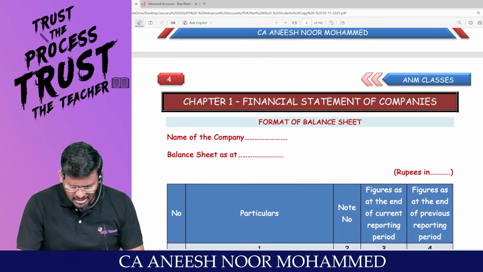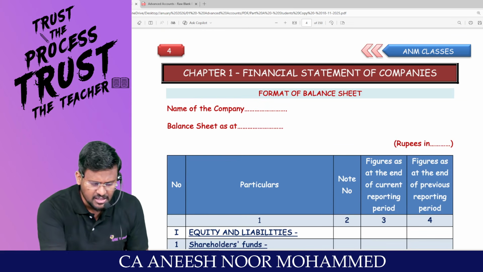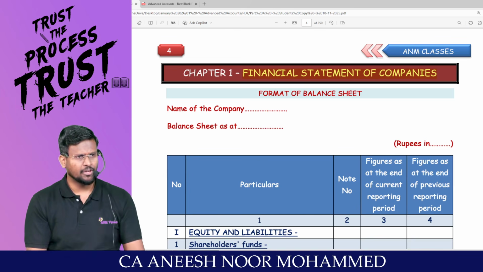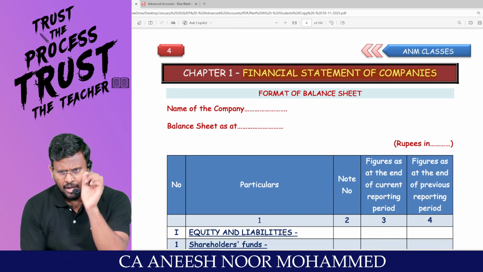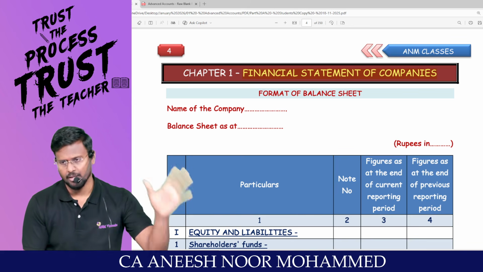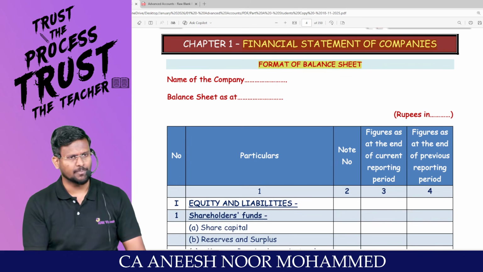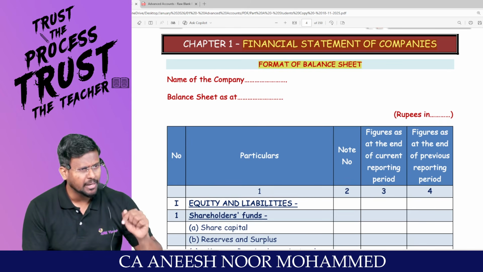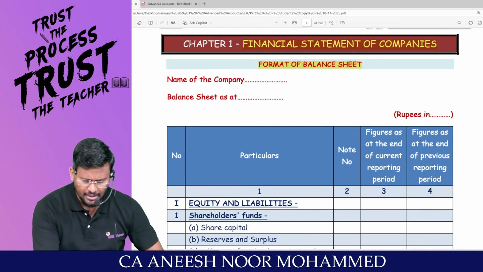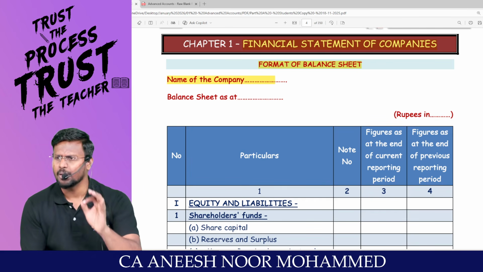The first one is the financial statement of companies. Financial statement comprises balance sheet and P&L account. Sir, what is the format of the balance sheet? This is the format given by the Companies Act. You have to write the name of the company, for example ANM Limited.